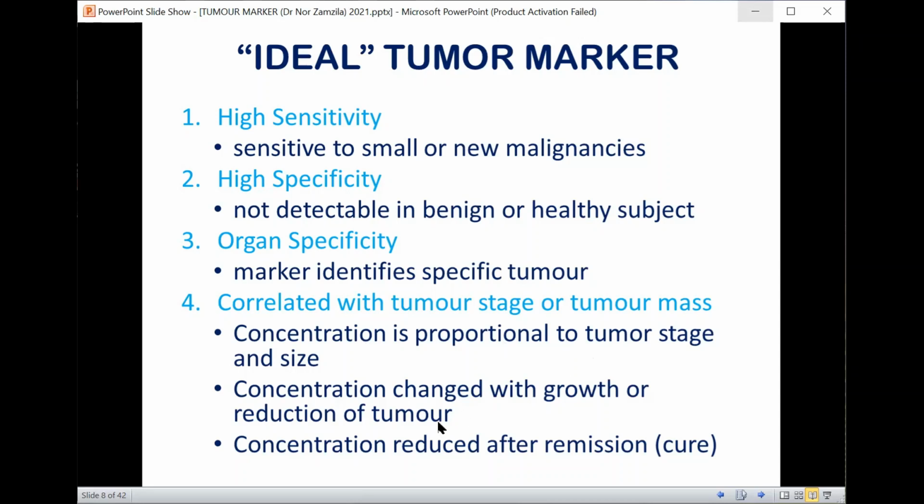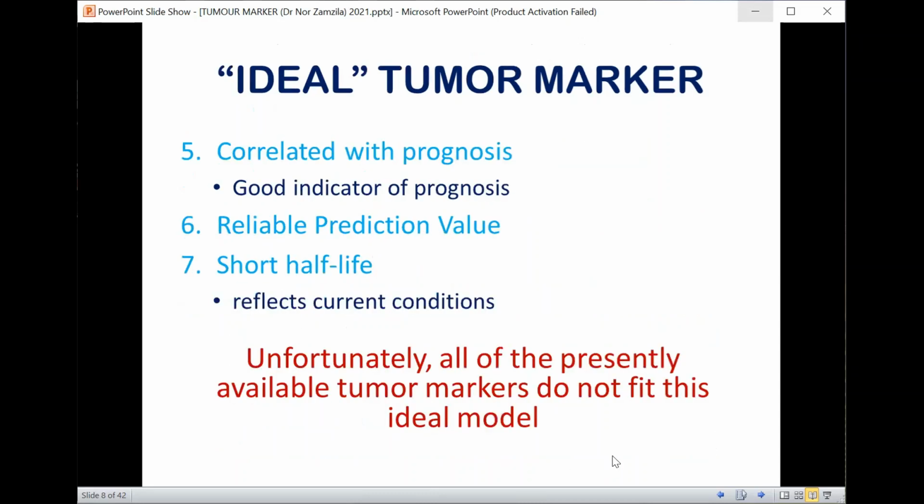We want the concentration to change with growth or reduction of the tumor, meaning that after you remove the tumor, the tumor marker should reduce according to the reduction in the size of the tumor. The concentration should reduce after remission. So this is what we want. That is ideal for the tumor marker.